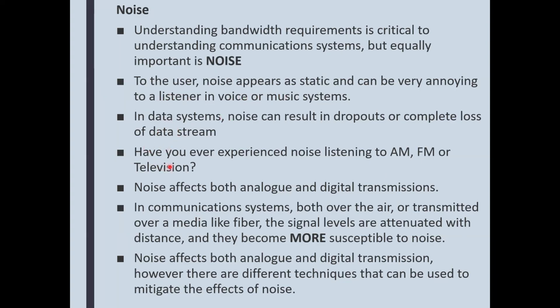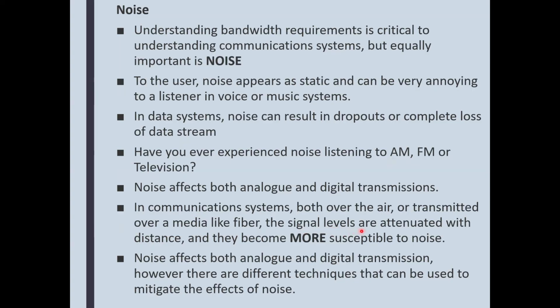In data systems, okay. Have you ever experienced noise listening to AM or FM or television? Well, with AM, you're going to receive more noise because FM is going to be more quiet because it's a different type of modulation, right? Noise affects both analog and digital transmissions, communication systems, both over the air or transmitted over the media, like fiber optics, or coaxial cable, or data cables.